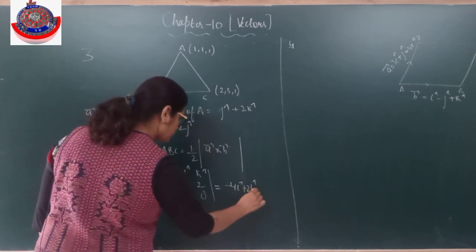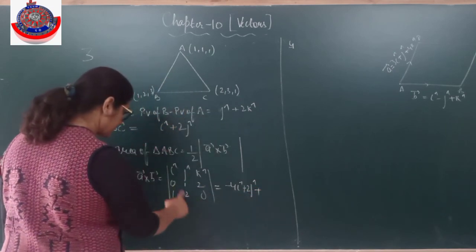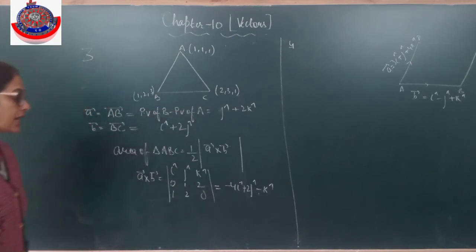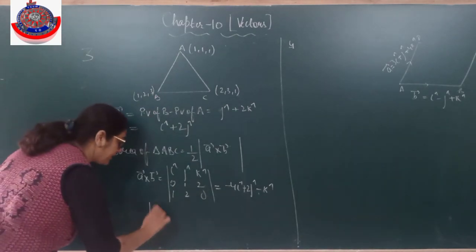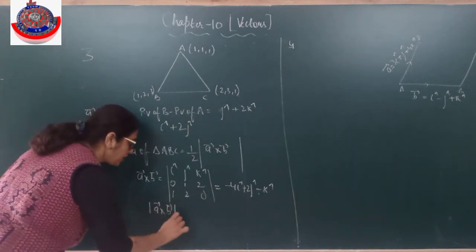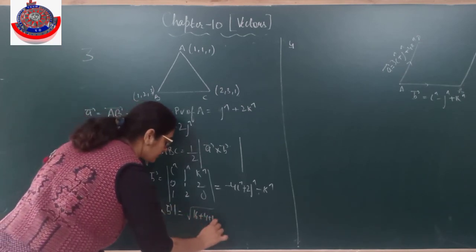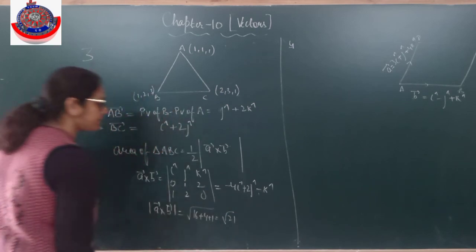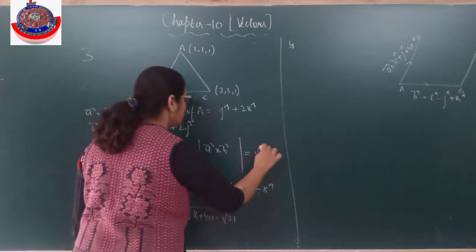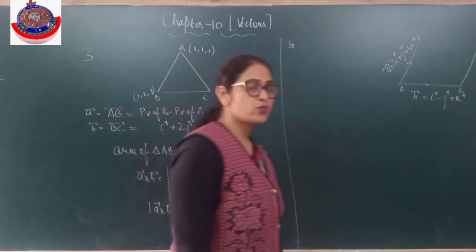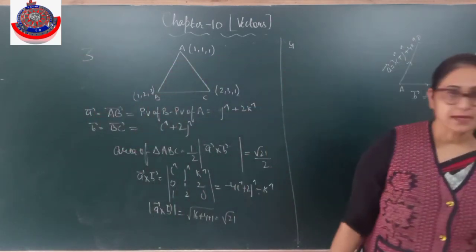So it will become plus 2 plus K, leaving this 0 minus. So it becomes minus K. Clear? I need to find out the magnitude because I'm finding area. Vector will not work. It has to be a scalar. So 16 plus 4 plus 1, say it is 21. Put the value here. Root 21 by 2 square units. Very simple. Nothing is there.